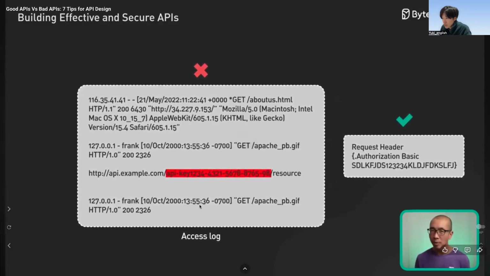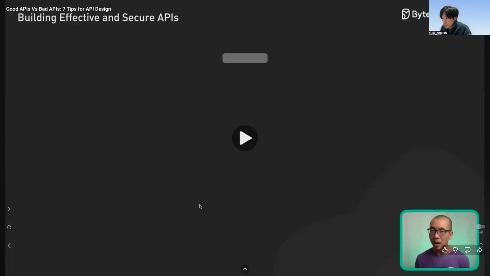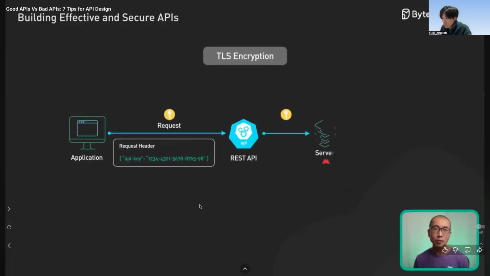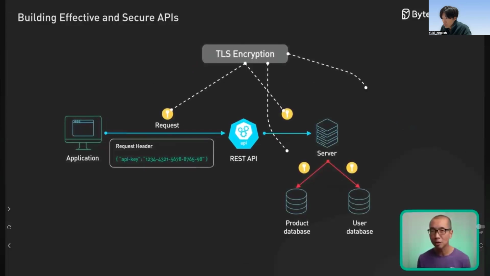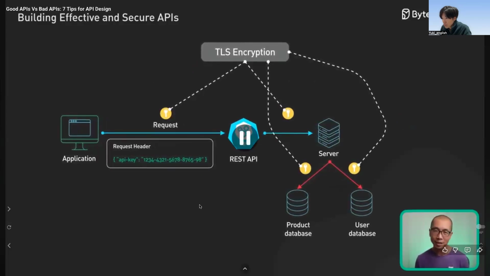Headers can still leak upstream, so enforce full TLS encryption for all traffic to shield transmissions end-to-end. Client to REST API and REST API to server, server to database. We can use TLS encryption all the way.